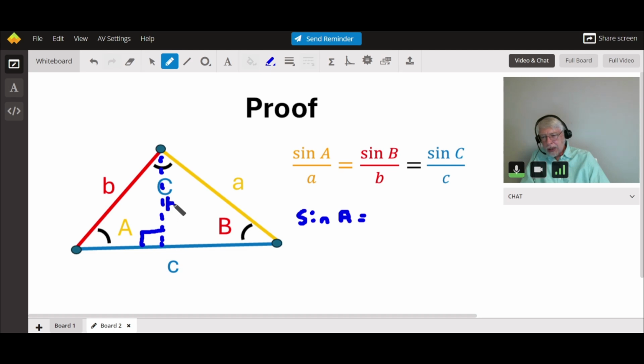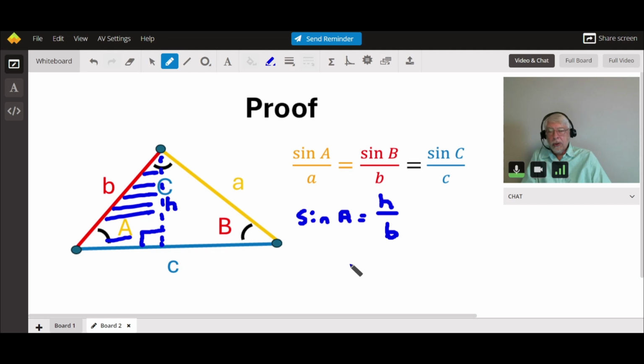Well, that's just h. And remember, we're dealing with this triangle now. That's why we drew the height. So the sine of A is going to equal its opposite side, h, over the hypotenuse, which is b.